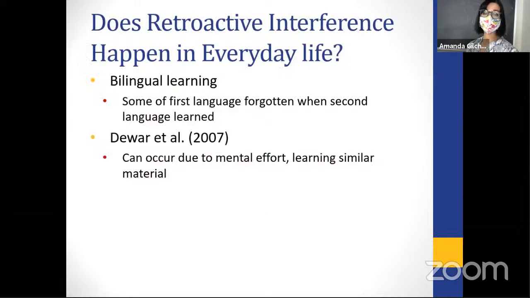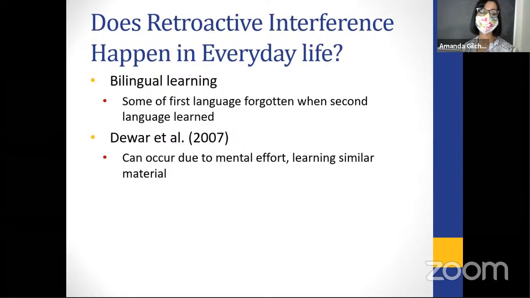So I kind of mentioned this already, but proactive interference is really, really easy to demonstrate in everyday life. Retroactive interference is a little bit harder, but we do actually find that bilingual learning can lead to retroactive interference. When you learn a second language, it actually hurts your ability to remember your native language.